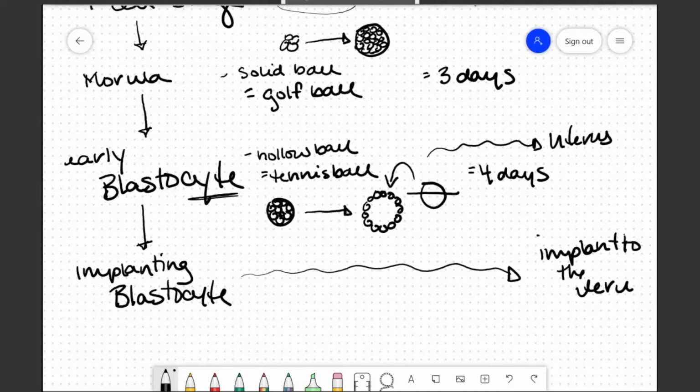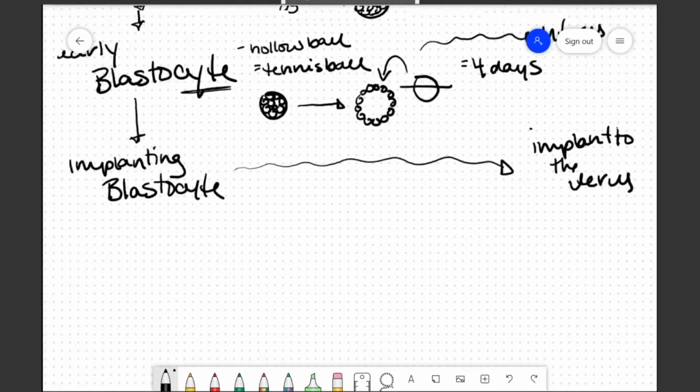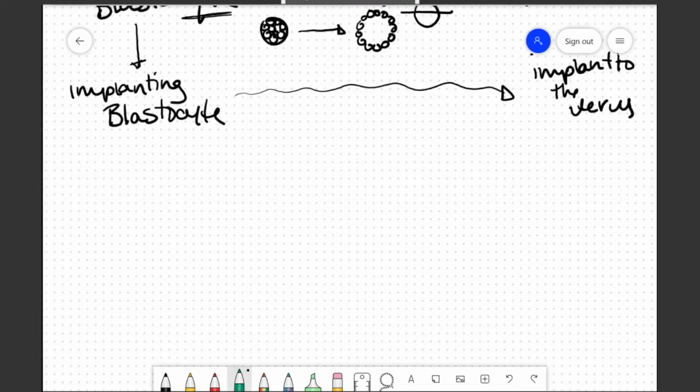With our uterus that kind of looks like this, as it travels down, it will implant into the side of this uterus, and it will implant into that endometrium that is there.